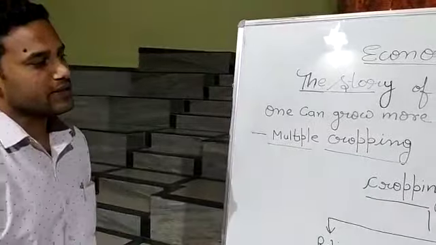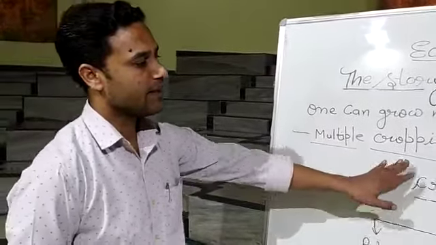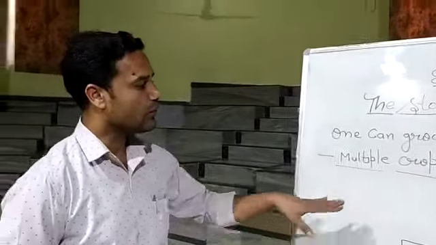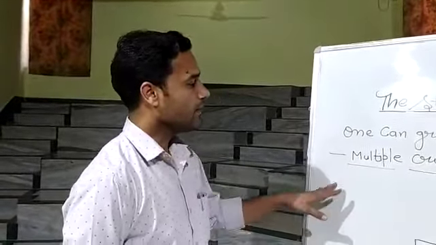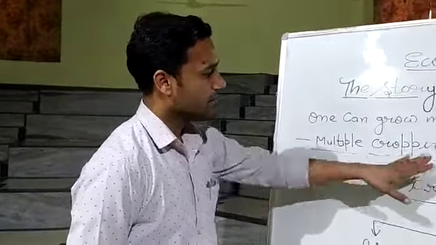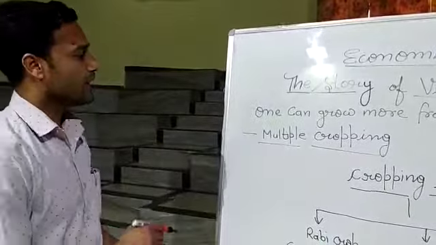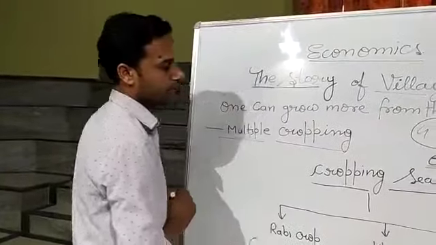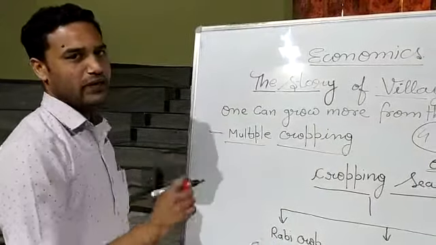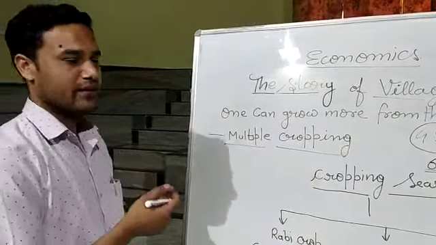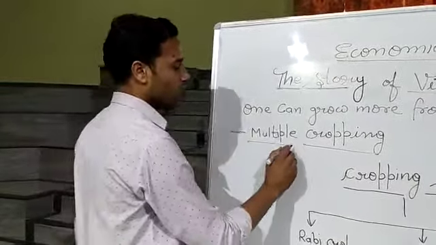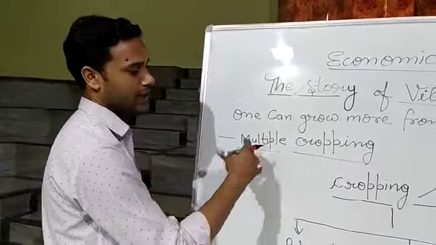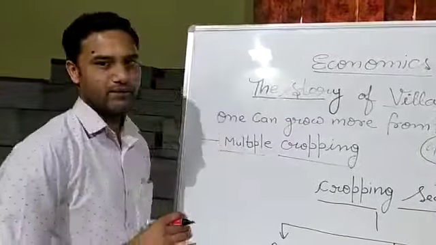As farming is the main activity, most people in this village do multiple cropping. To grow more than one crop in a piece of land in 1 year is called multiple cropping.